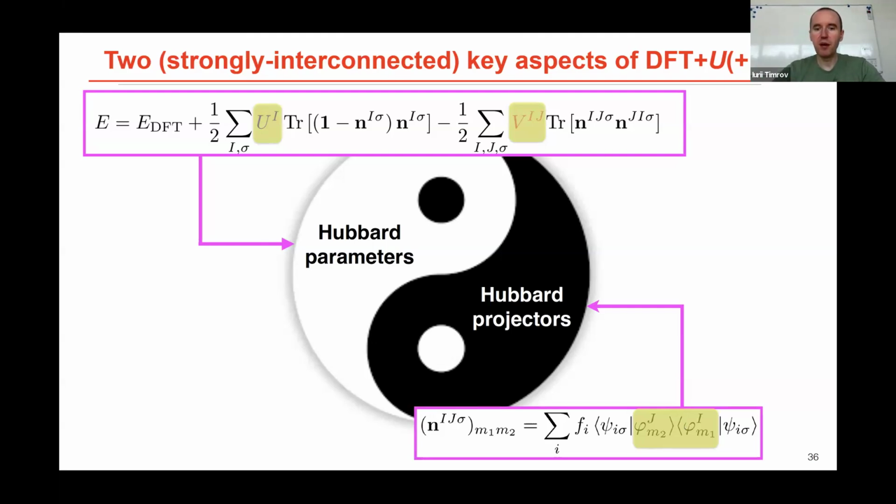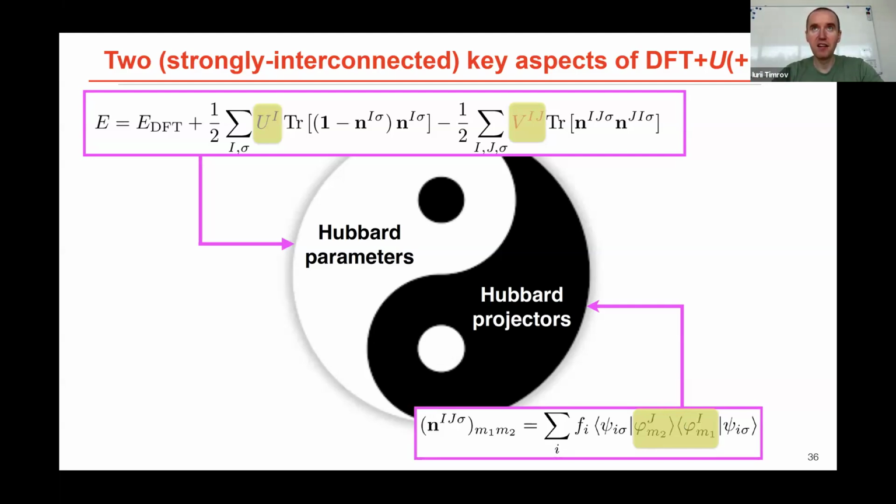But when you publish your paper, you have 5 eV, and your colleague publishes a paper with 6 eV, and then it might be a bit misleading. Oh, what's going on? Who is right? Who is wrong? Nobody is wrong, because you use different codes and different projectors. But some people forget about this.